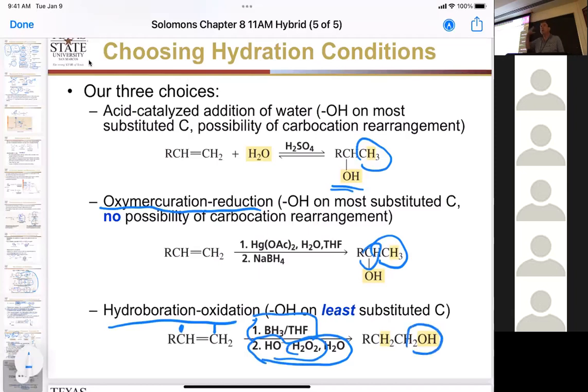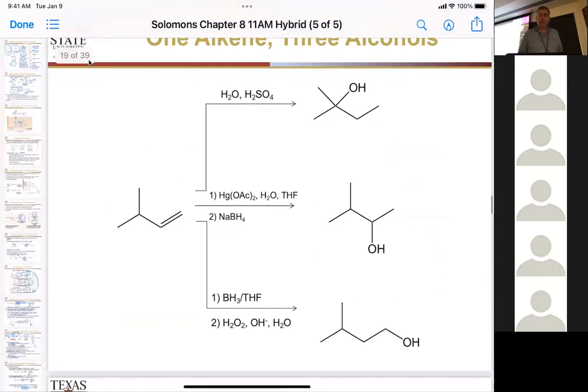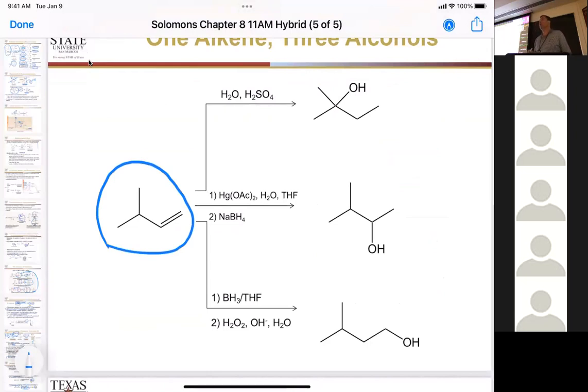How do we want to look at this when we're doing our homework and quizzes? If we have this alkene right here, by choosing your reagent, you can make a primary, a secondary, or a tertiary alcohol. Interesting. Why would this give us a tertiary alcohol?